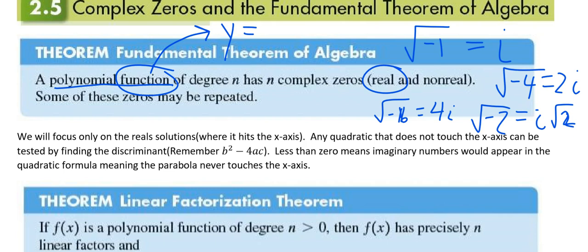But a polynomial of degree n has n complex zeros. Some of these zeros may be repeated. What does that sound like? Starts with the letter M. Multiplicities, right.